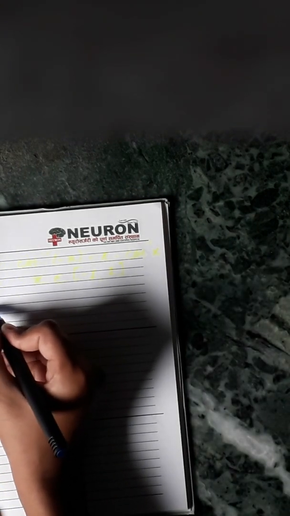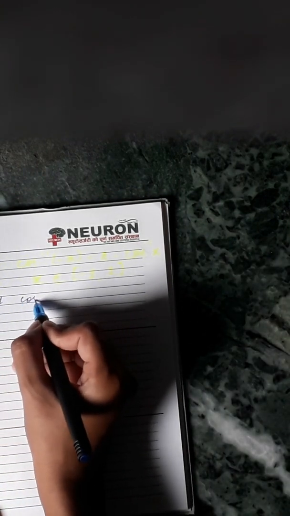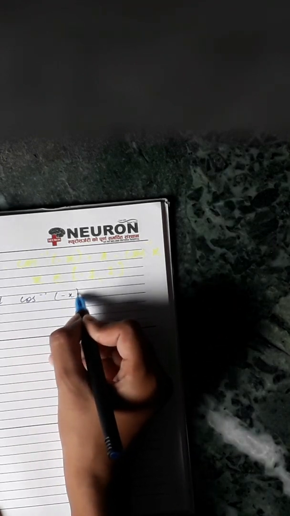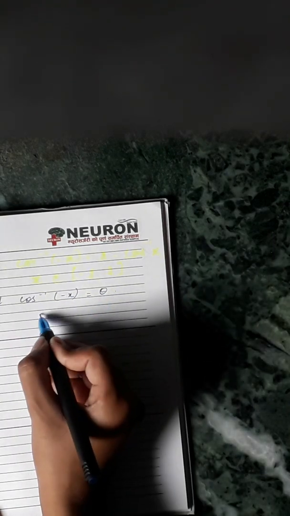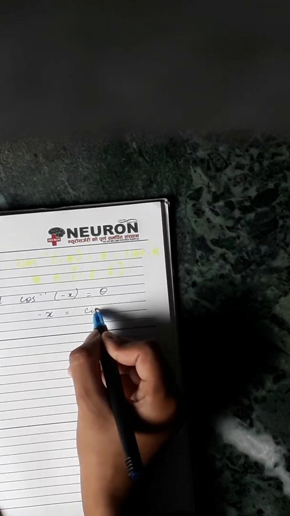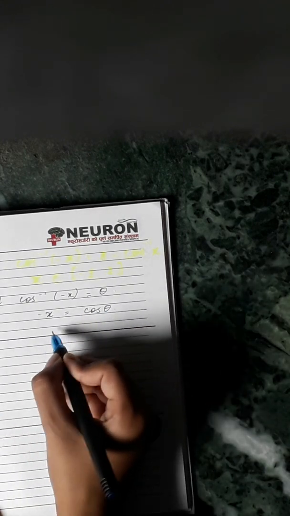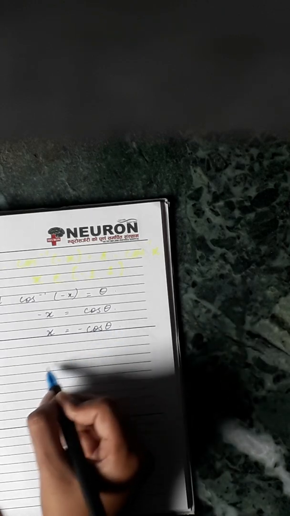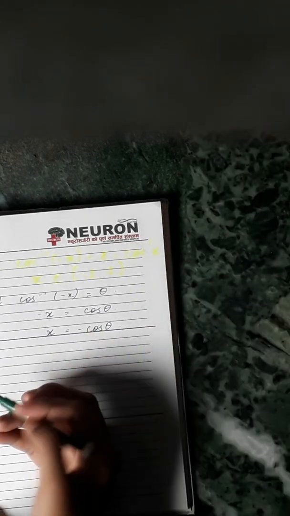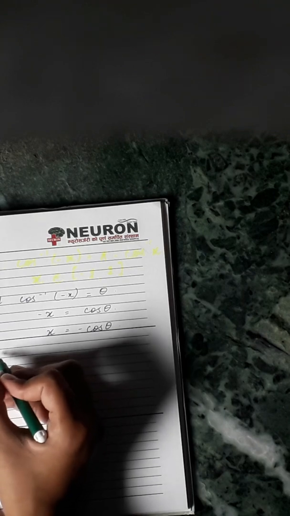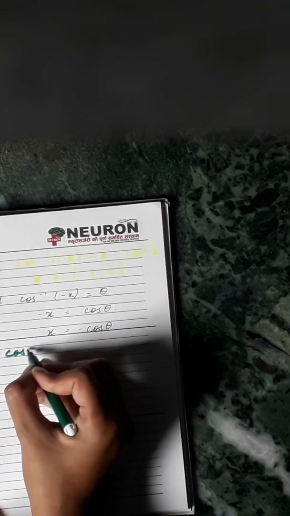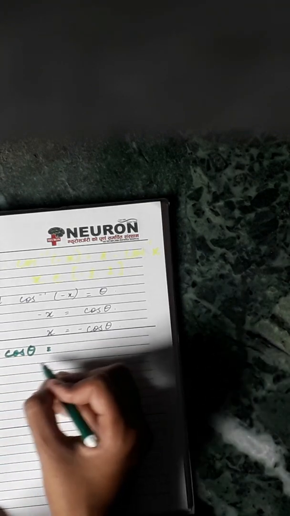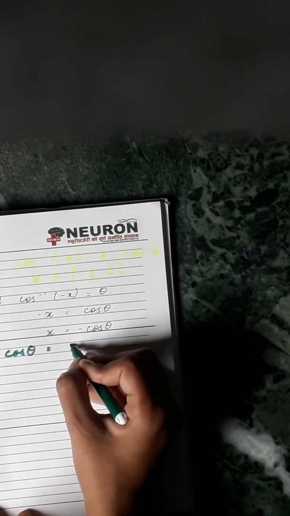This, again you have to let the LHS cos inverse minus x be equal to theta. Cos theta is equal to minus x, so x is equal to minus cos theta. So here it is the property that you have for this one. This also I have mentioned in the previous lecture.